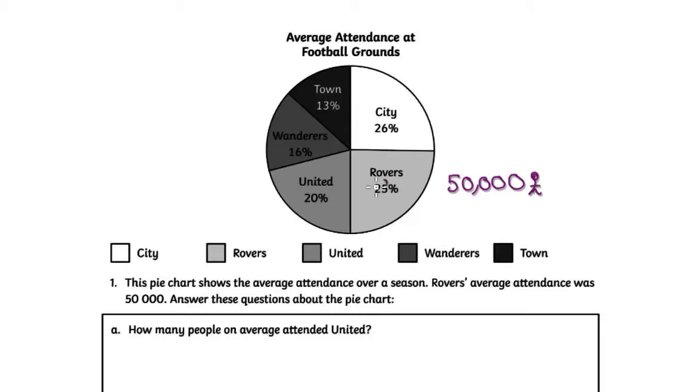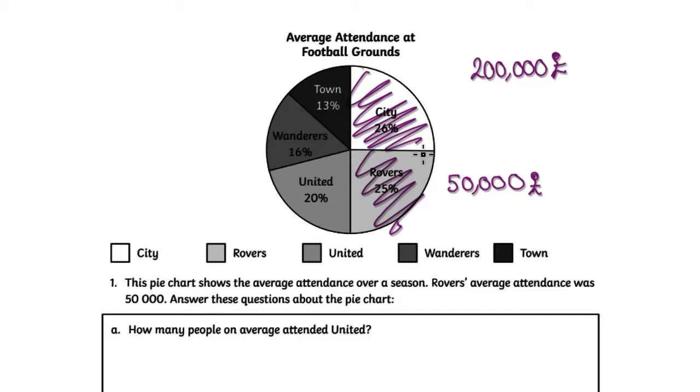If 25% is 50,000, then the whole thing would be 4 times as much, which would be 200,000 people, which would represent the whole pie. So a quarter of a pie, you're told, is 50,000. Another quarter would be 100,000, and then 150,000.